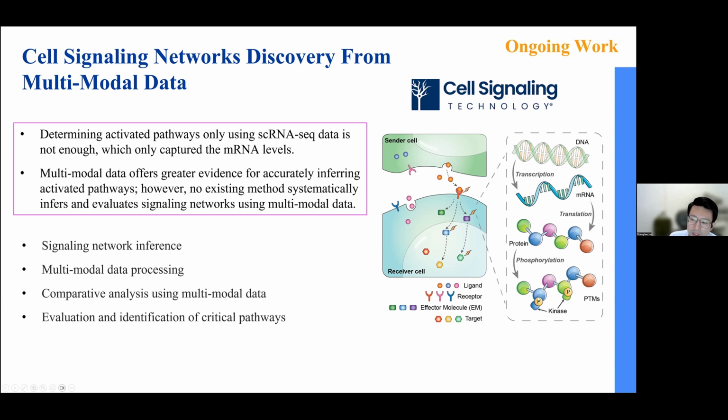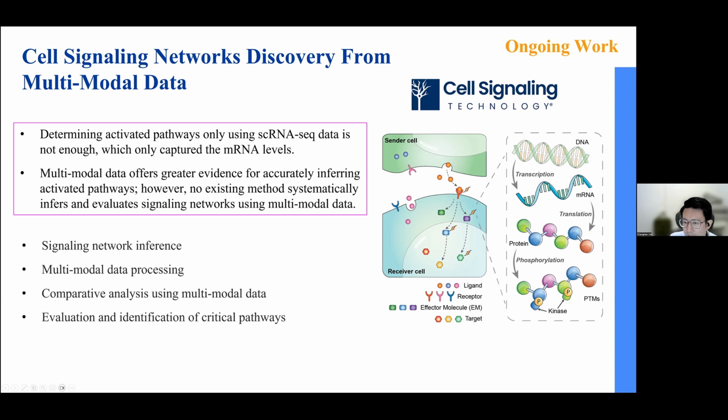And related to phosphorylation, what if we have kinase information? If we can include all of them, then for one pathway, if it is activated at all those levels, we are very confident and comfortable to say that this pathway is truly activated and functioning. So this is the concept.